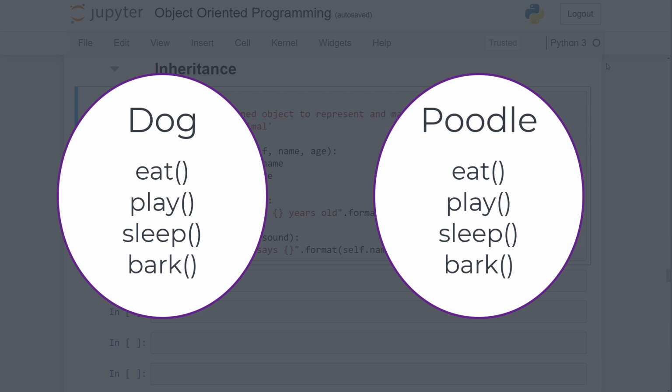Now if we wanted to override the bark method of the dog class, we can do so in the poodle class, which means that the bark of a poodle is more unique and is specific to the poodle itself. The other methods can stay as they are, which means we have inherited the methods but have overwritten the bark method. Now let's take this over to Jupyter Notebook and see it in practice.